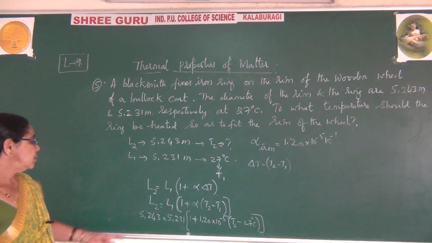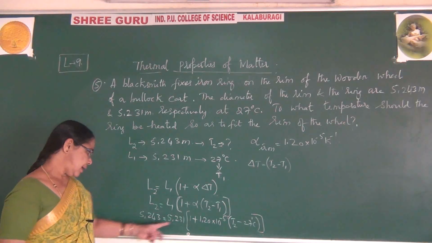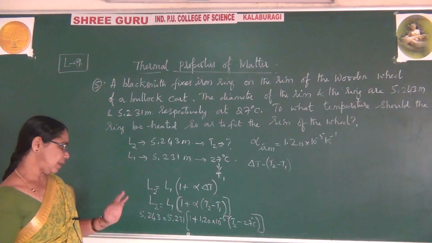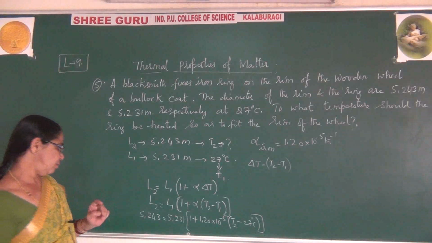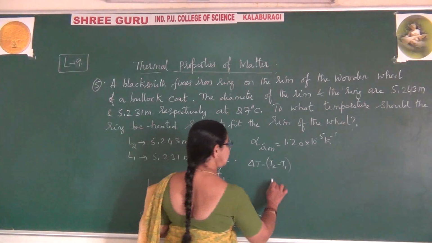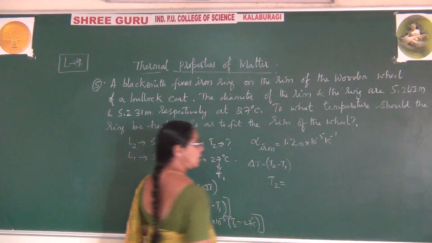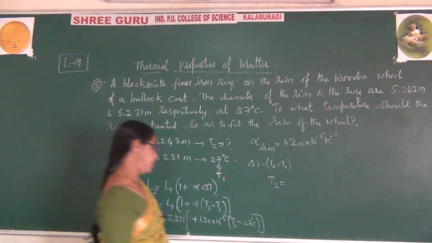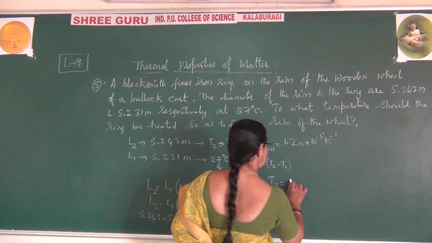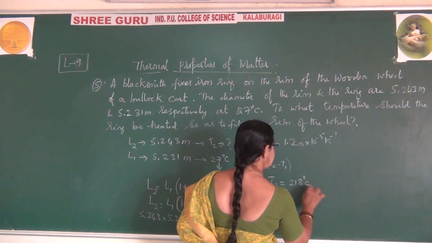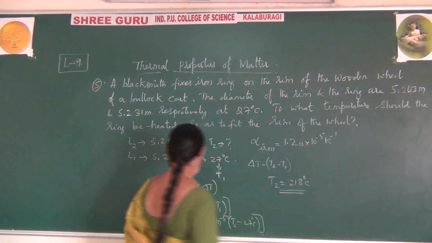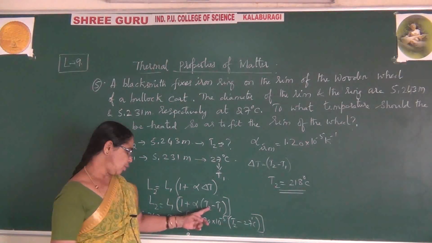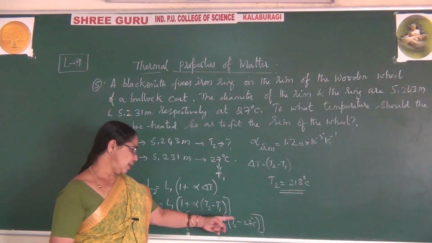Here remember, this denominator I take here, and this you equate, and finally we have to open the bracket T2 minus T1, and we get T2 by simple mathematical equation. T2 is equal to 218 degree centigrade. You get 218 degree centigrade. So just open the bracket: you multiply this by alpha into T2 minus alpha into T1.